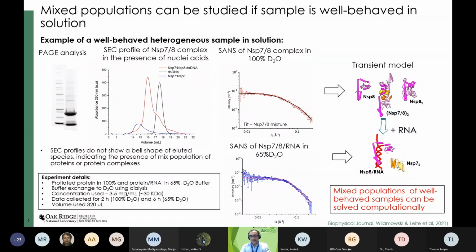This case here is a SUNS case of a protein that was not homogeneous, so it's a heterogeneous sample. The blue line here in the size exclusion chromatograph, as you see, has a very long tail. The size exclusion does not have a bell shape, so the sample is not pure.